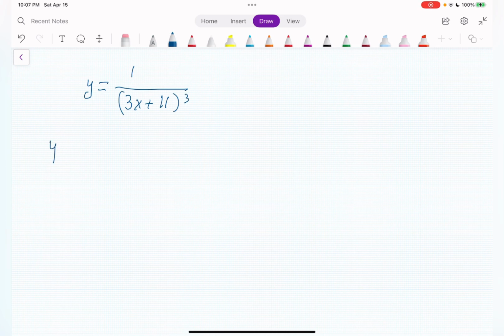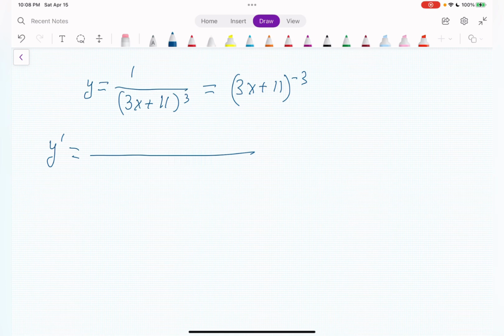Okay, so y prime is going to be equal. I'm going to do it in this form: 3x plus 11 to power negative 3.